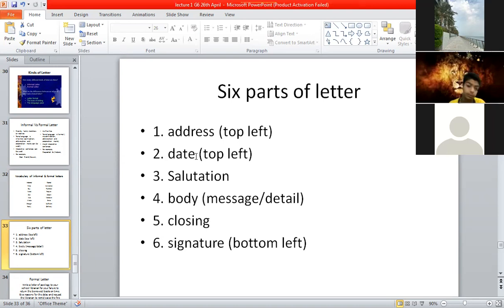That is also called heading. Address is written on the top left side. Date is also written on the top left, as you have been writing letters in class 6 and 5. So on the top left side address is written and then date is written.